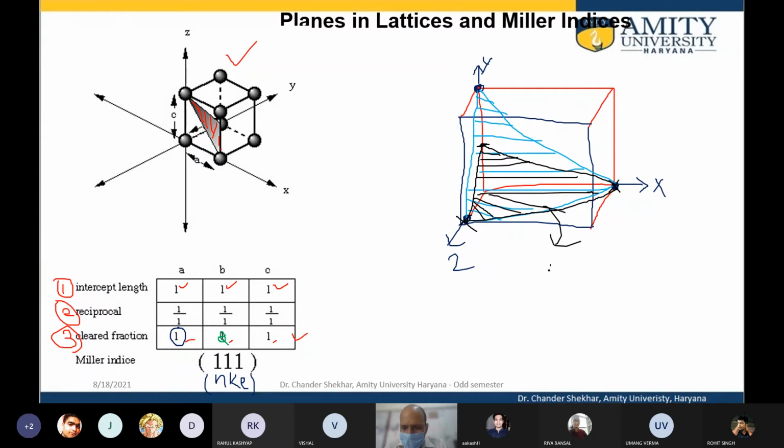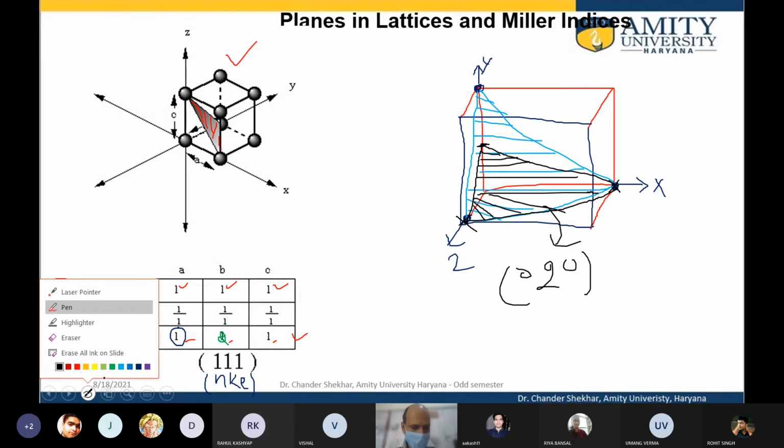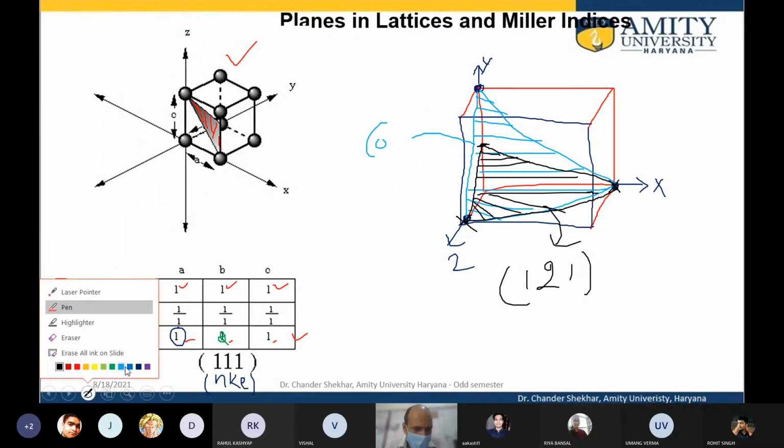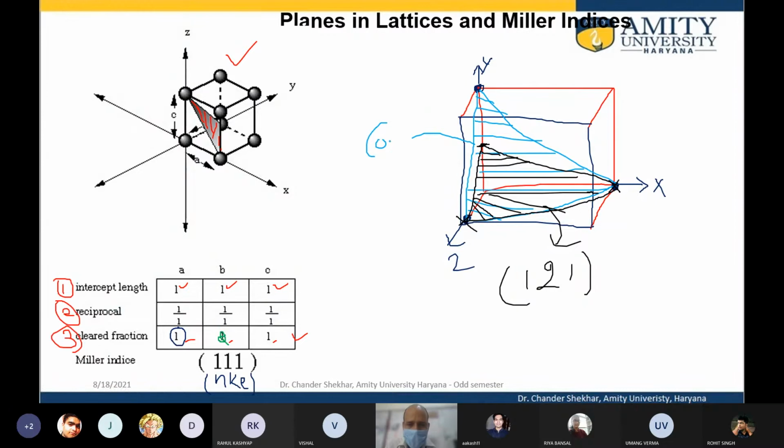This is, sorry, not 2 0 0, this is 1 2 1, whereas the other one is the 1 1 1 plane.